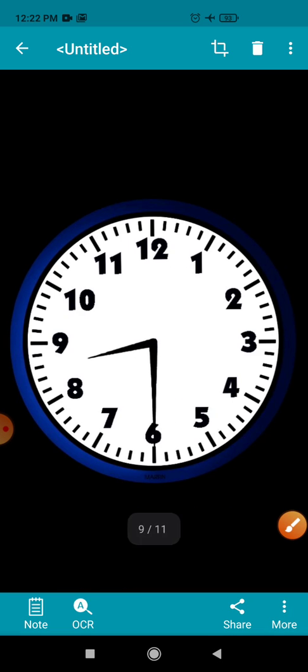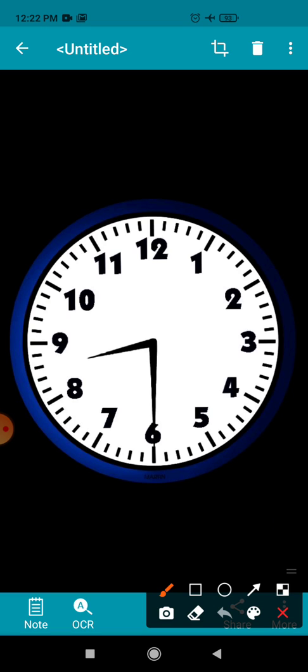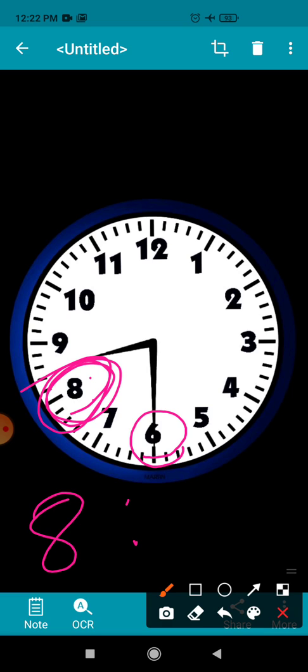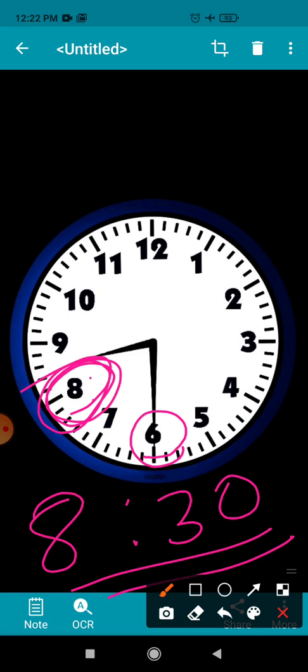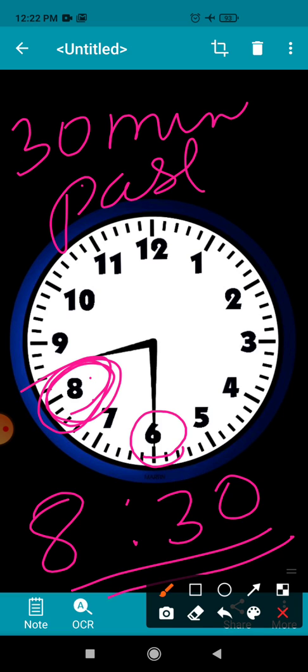Now next example. Here you can see the small hand is a little bit above the 8 and the big hand is on 6. So it will be considered as 8, and 5 sixes are 30. So it will be read as 30 minutes past 8.